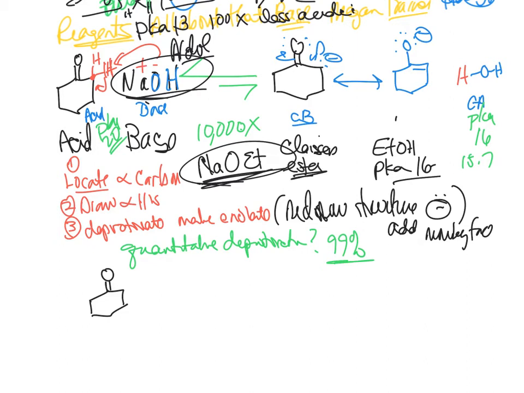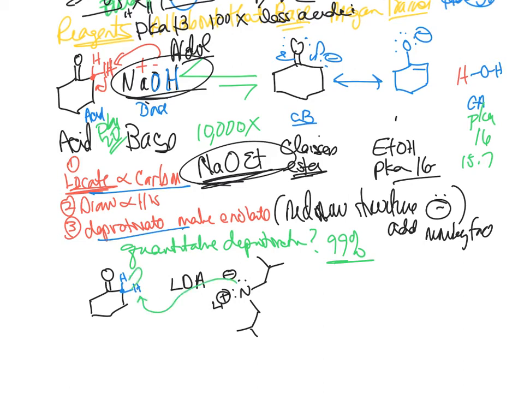Now, the other base we said was LDA. So when we're drawing mechanisms, by now, I want you to draw it out, and I want to see those lone pairs, okay? So that's LDA. Now we find, number 1, locate alpha carbon. There's your alpha carbon. Draw in the alpha hydrogens. Deprotonate, okay?